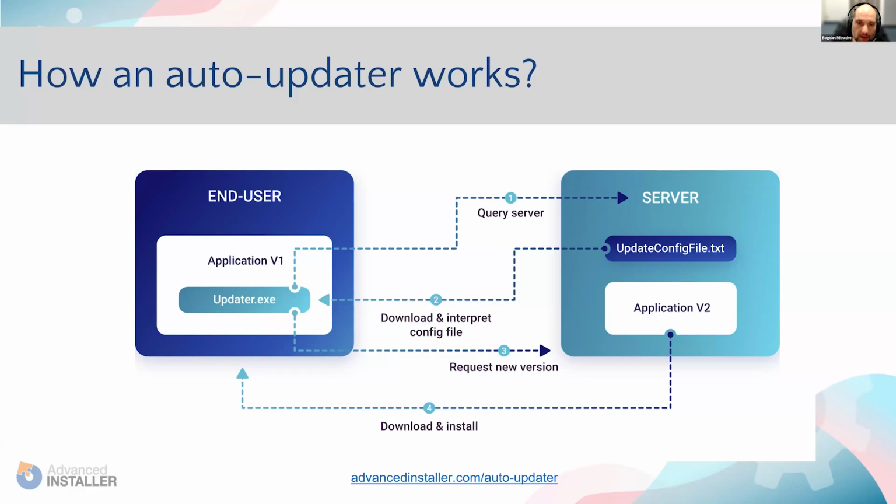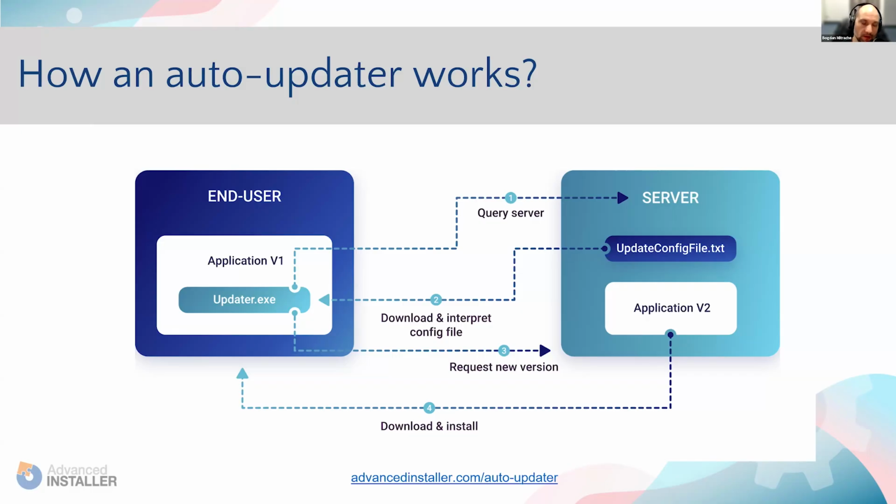Basically, it's a client-server communication where the exe that we inject, or one that you build yourself, or maybe an open source updater found in some GitHub project, will connect to a server that you control more or less, depending on the configuration you've chosen, and read a configuration file from that server, compare the information with what it finds on the user's machine, decide if there is a new version available or not, and then proceed as you configure it.